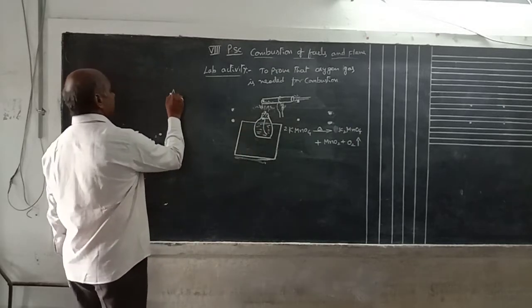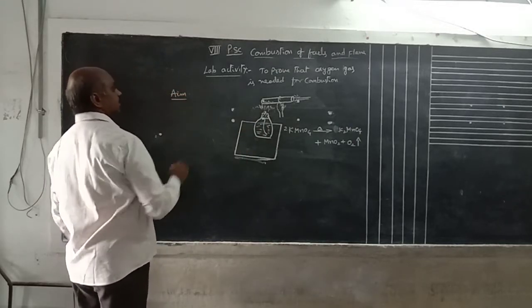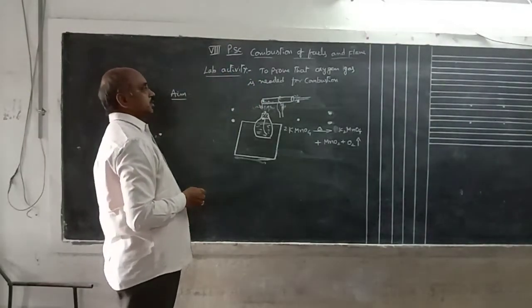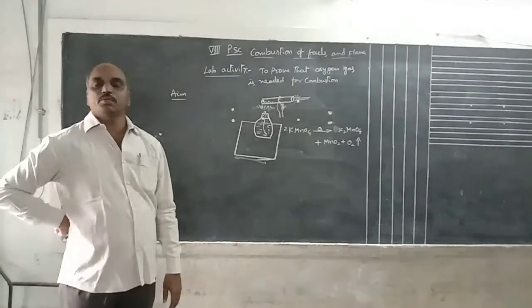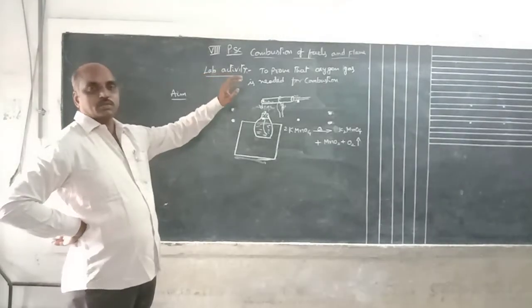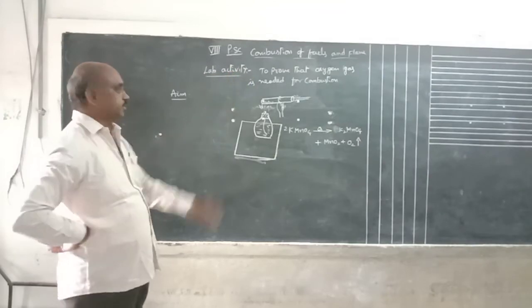Here first we write the aim. The aim is the same as the question: to prove that oxygen gas is needed for the combustion.